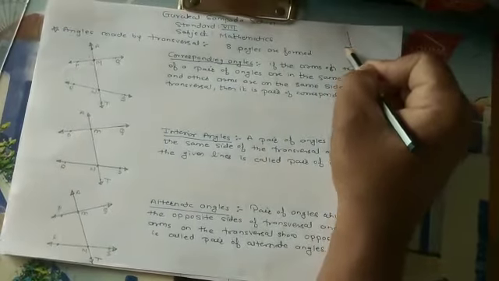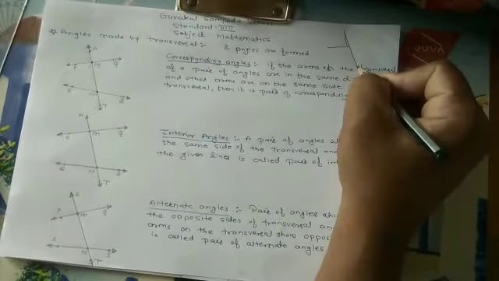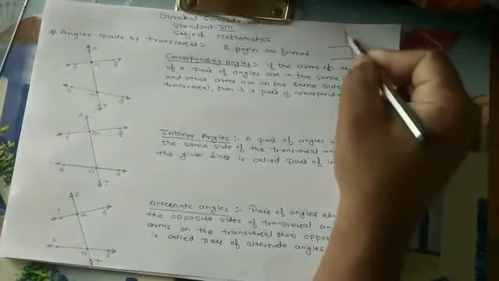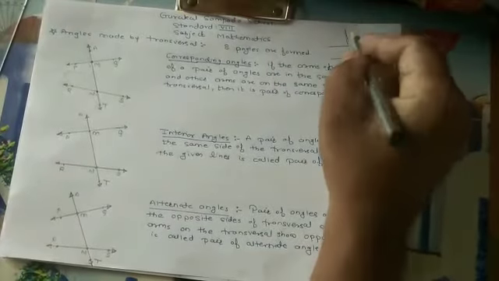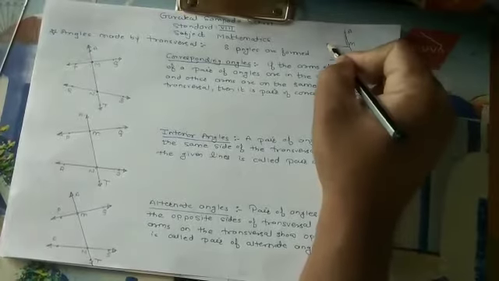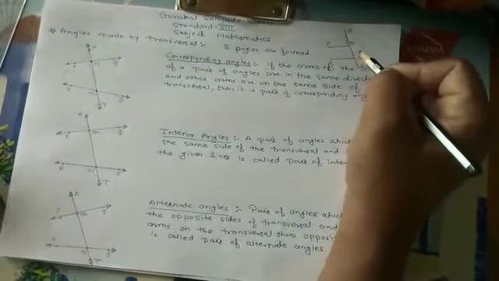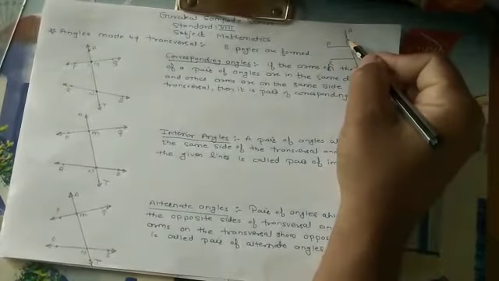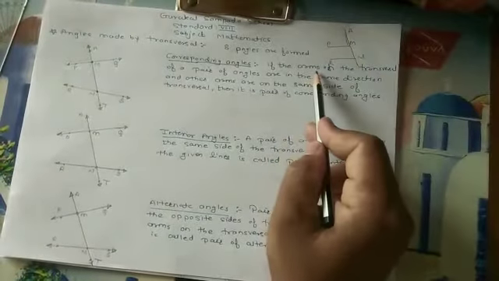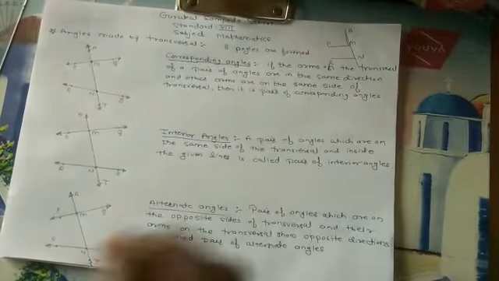Suppose here is the point A, here is M, here is P, then N and R. The first condition: the arms on the transversal of the pair of angles are in the same direction.